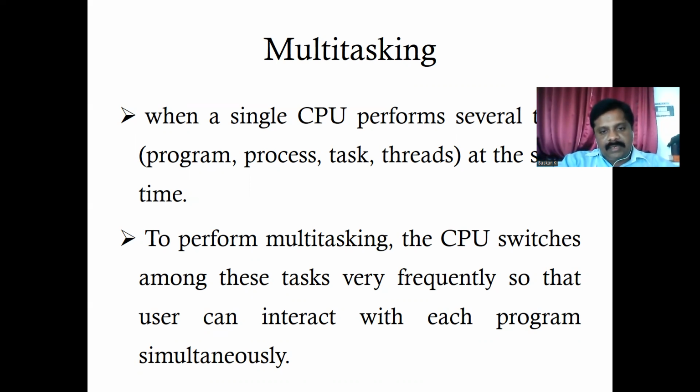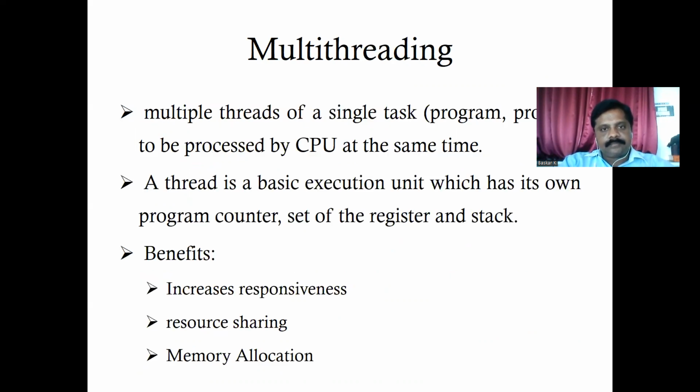To perform multitasking, the CPU switches among these tasks very frequently so that the user can interact with each program simultaneously. At each and every time, it will switch over its process between the tasks, which is called multitasking.